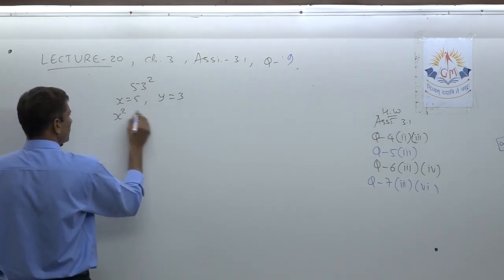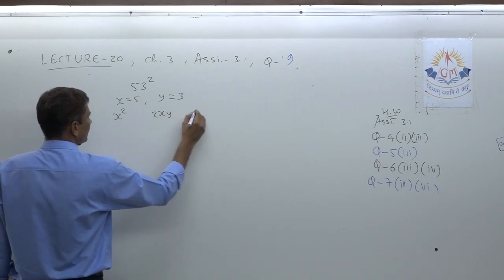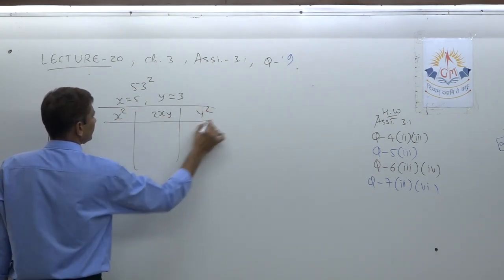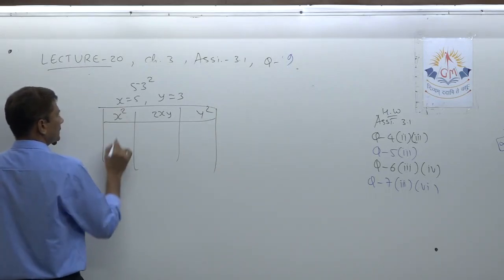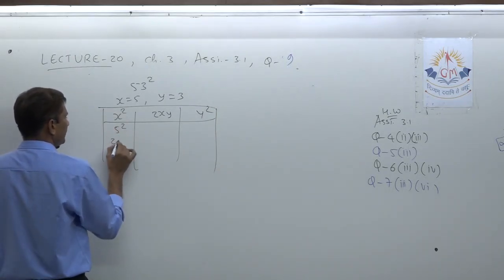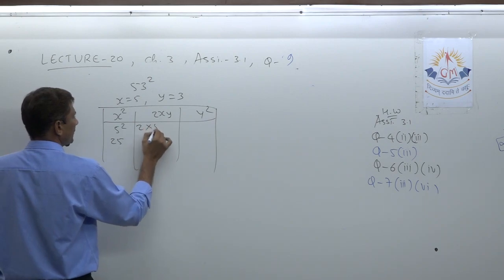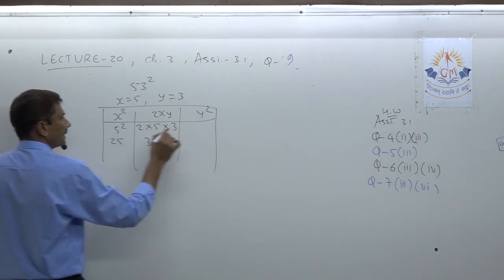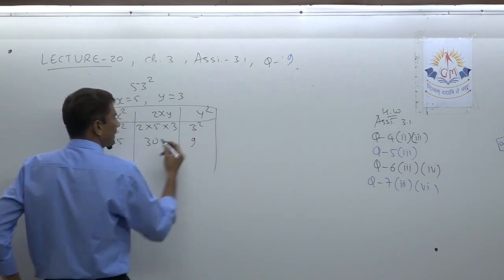So again 3 columns of x square, 2xy, y square. Here 5 square 25, 2 into 5 into 3. So 5 2s are 10, 3s are 30, 3 square 9.